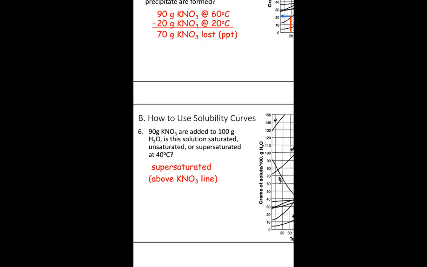We move to 40 degrees Celsius, and link it up to where we have KNO3. But you will not get to the curve until you have 90 grams. It is only at the point of 90 grams you stop.